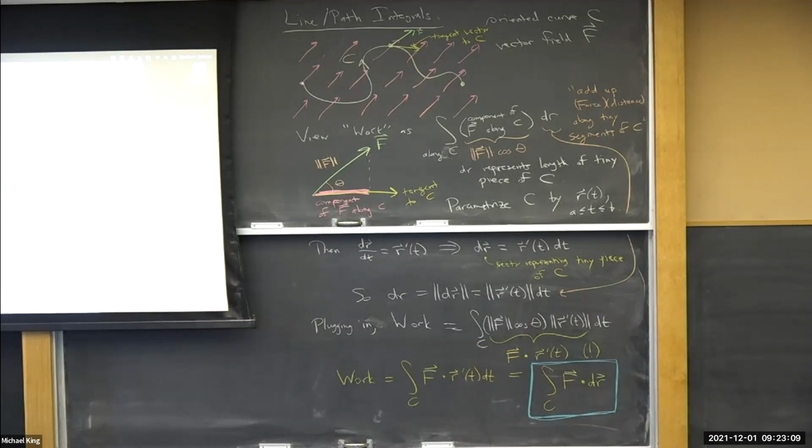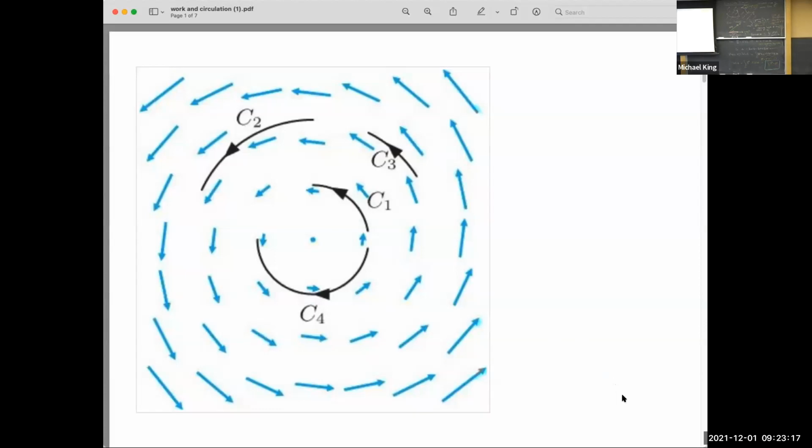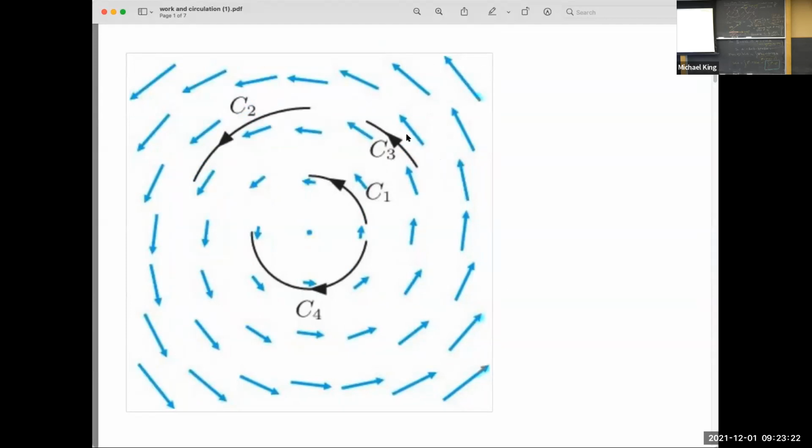And so now, if I go to the screen here, let's look at some of these. This is some vector field that's circulating around the origin. It's going around the origin, and it's getting longer as you go farther away from the origin.